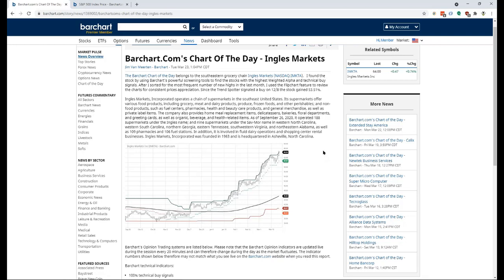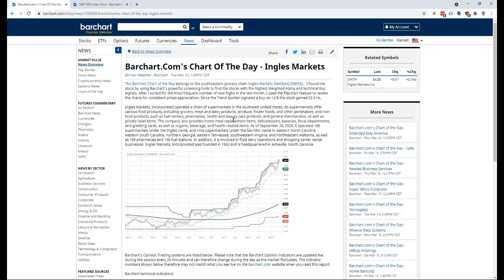I'm going to make two comments about that. One is that if any of you read Investor's Business Daily, they have their list of stocks hitting new highs, and they said something that's kind of profound: a stock like an Amazon only got to where it is by hitting continually new highs over a long period of time.